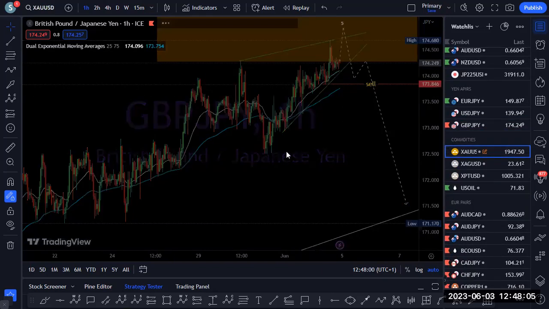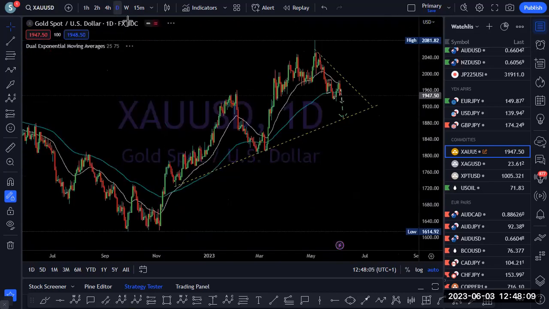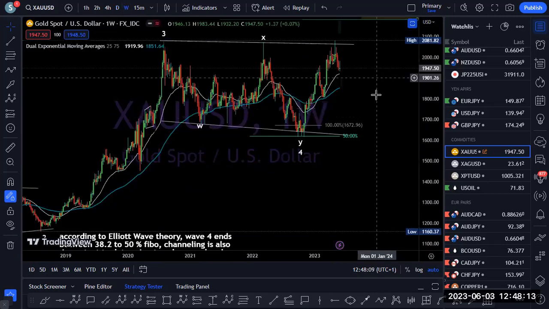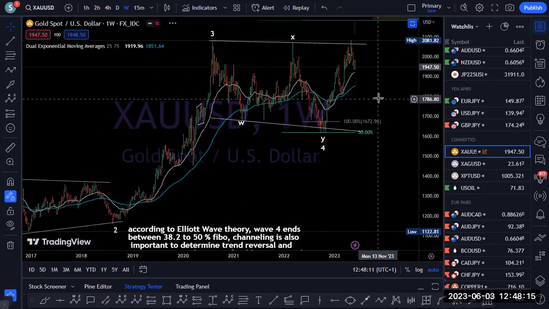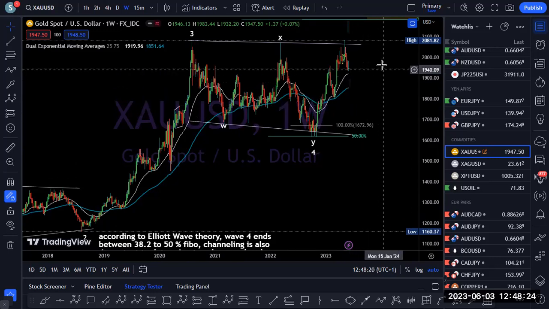Let's go to gold. Gold made a surprise drop. Or let me show something on weekly. See, I'm a technical trader, because I know that technical is the best. News can give you money quickly, but if you don't take your profit, it can reverse. But when you get the technical right, you're good to go.